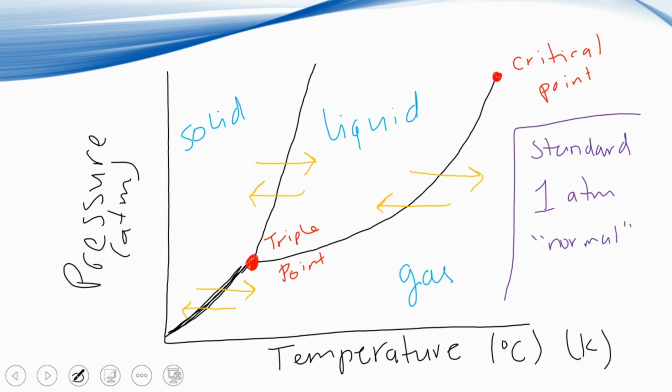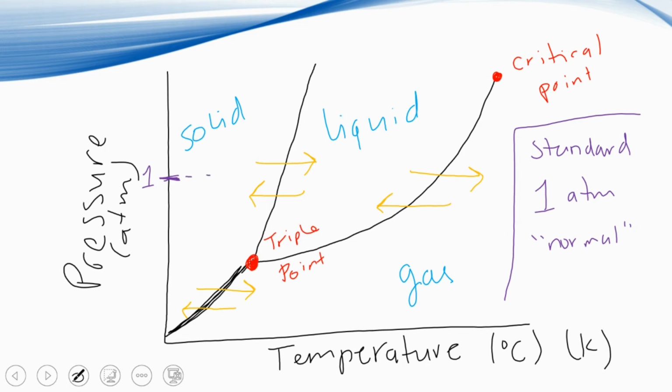This is what we call the normal. We're not being very specific, right? We're creating a generic version of our graph. So right here, between the critical point and the triple point, I'm going to write a 1, so 1 atmosphere. And that is what is considered to be the standard, the normal.